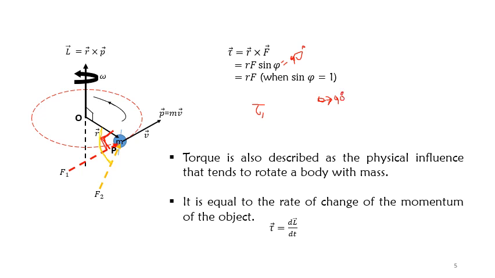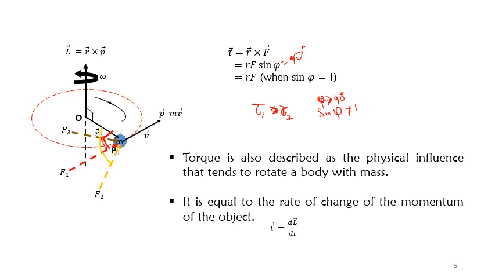That means your sine phi will not be equal to 1. It will be less than 1. So your torque 1 will be greater than torque 2. F1, the force applied at the position of F1, will give higher torque, more effective than F applied at the position of F2, which will give a lower torque.